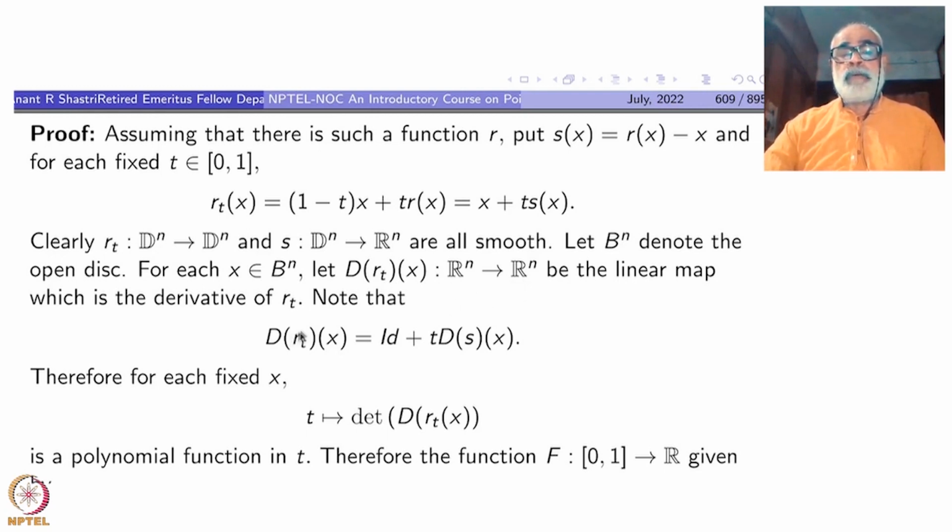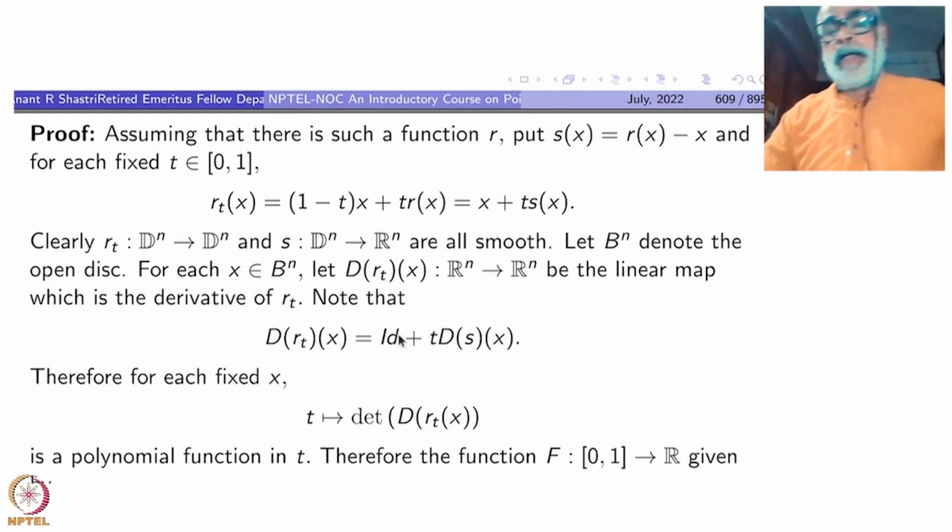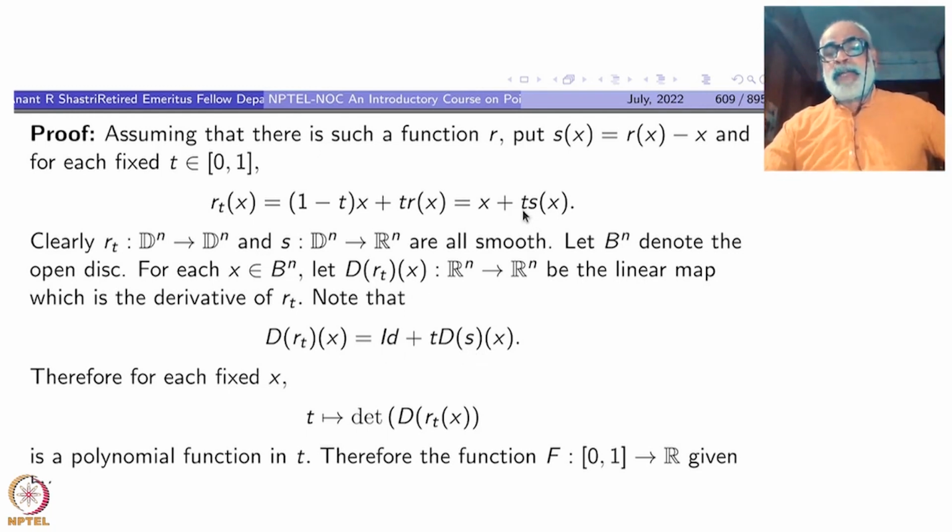Note that the total derivative of Rt at any point is the identity map of Rn plus t times the derivative of S operative on x. This is also a linear map from Rn to Rn. So d of Rt is identity plus t times d of S. These derivatives are taken with respect to x. Okay, t is also variable.